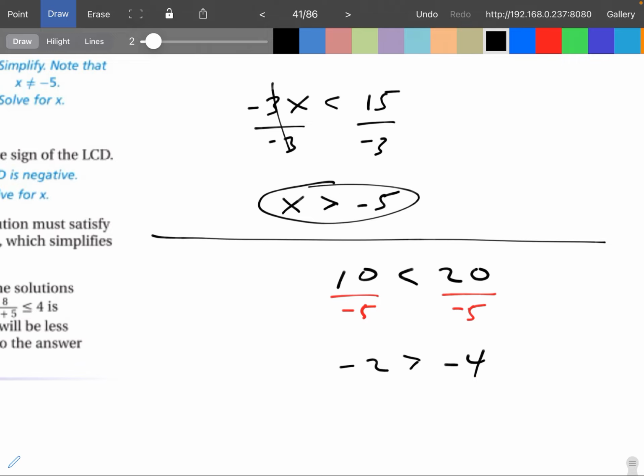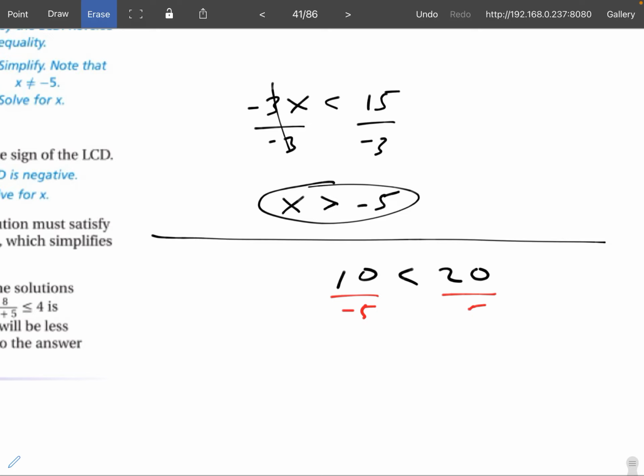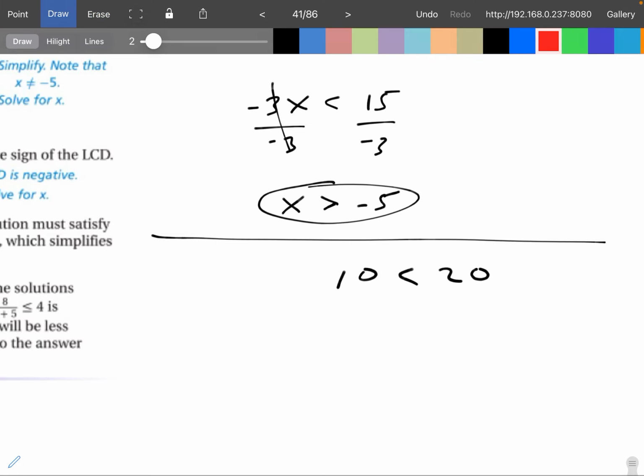Even in the ones where you have x in there, it's still the same concept. X just represents some real number, right? So you still have to flip it. Same thing if you were to multiply both sides by a negative number. Let me erase some of this.